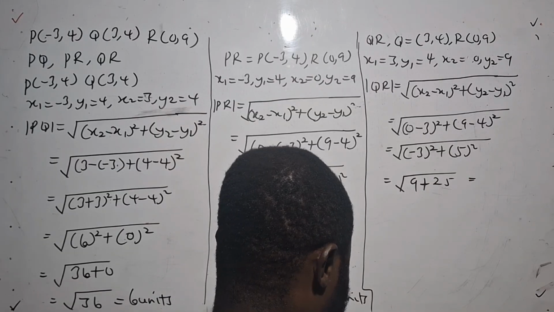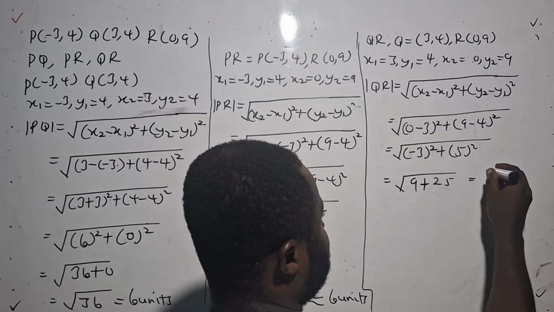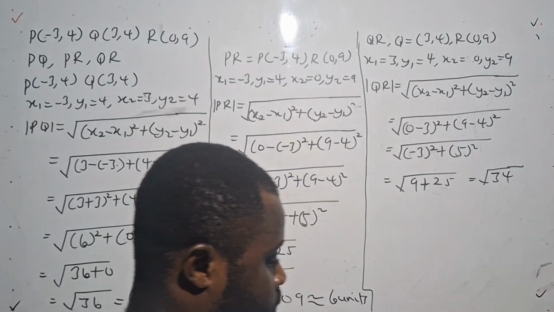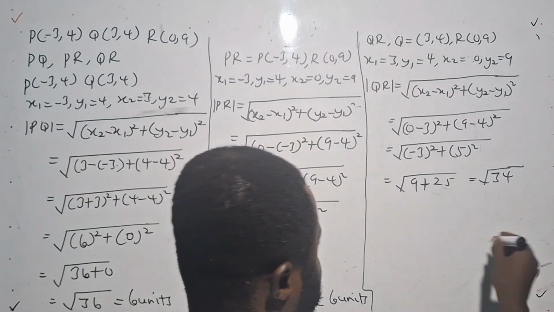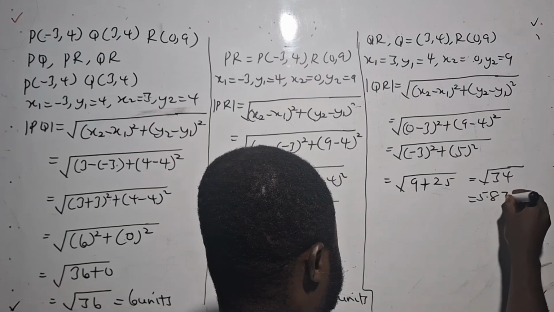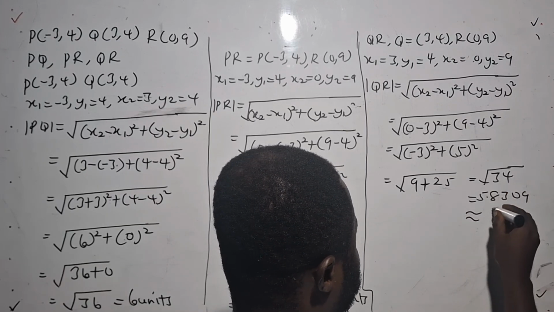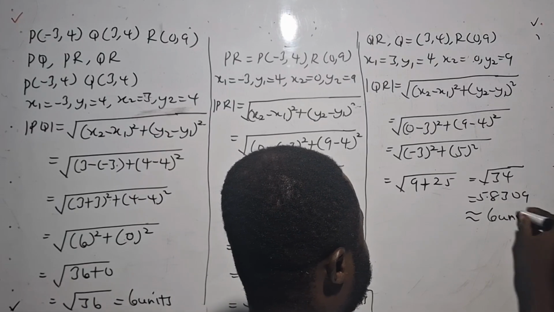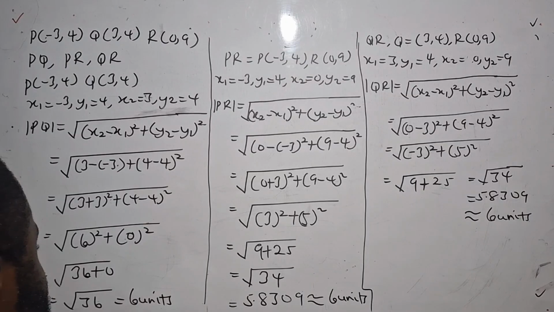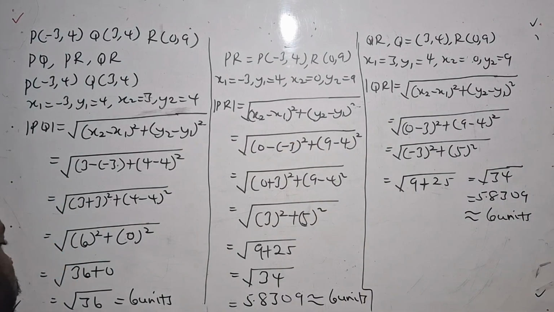So 9 plus 25 is also giving us 34, for which when we find the square root we're also going to get the same 5.8309, for which we are going to approximate it to 6 units. So we have approximated this figure to 6 units as well.